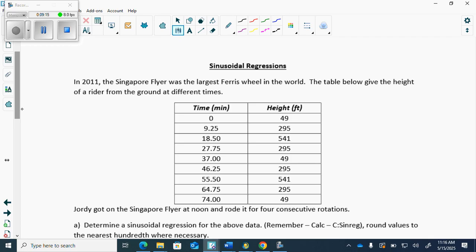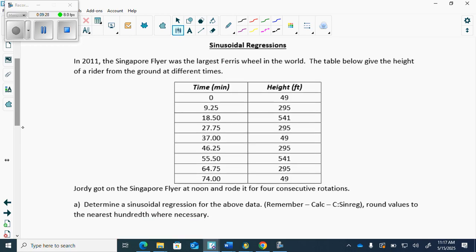Remember, 4, 5, and 6 is linear, quadratic, cubic, log regression, exponential regression, sine. Right? So we're going to pick C this time. So go, y1, y2. We do stat, calc, letter C, which is sine reg. And we want to save it in our y equals.